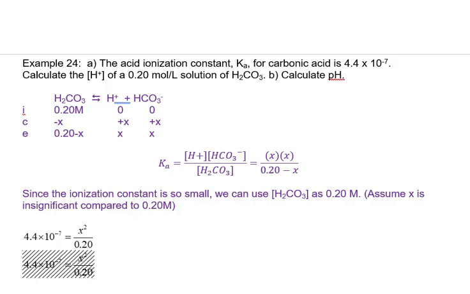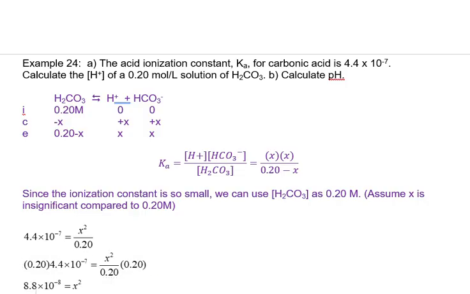So we can just take the square root of both sides. Right, so we multiply by 0.2, and that gives us 8.8 times 10 to the minus 8 on the one side, and the 0.2's cancel on the other side, so we just get x squared.